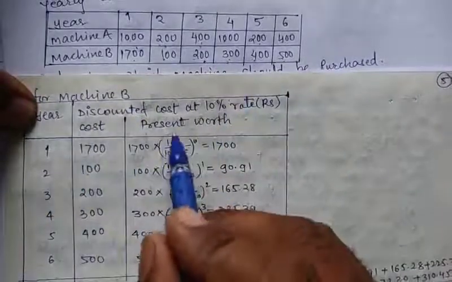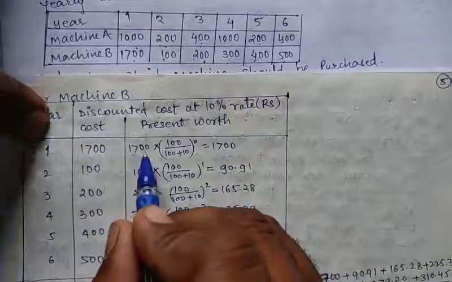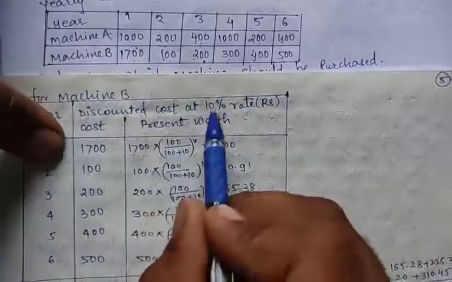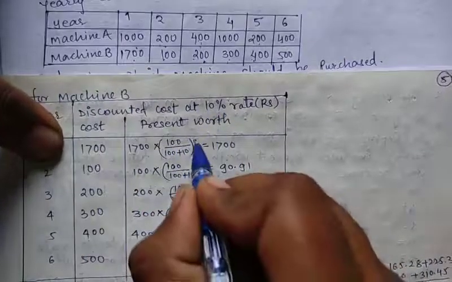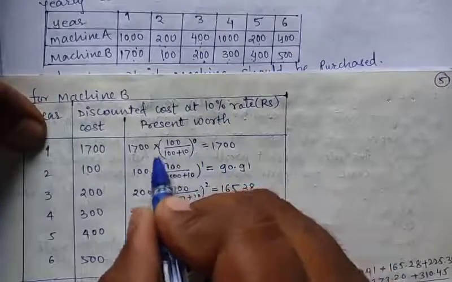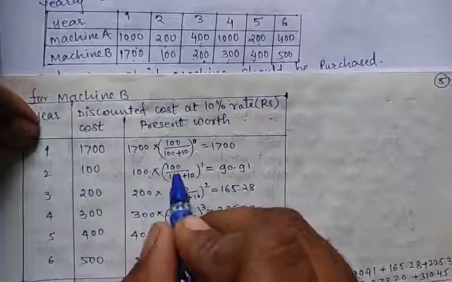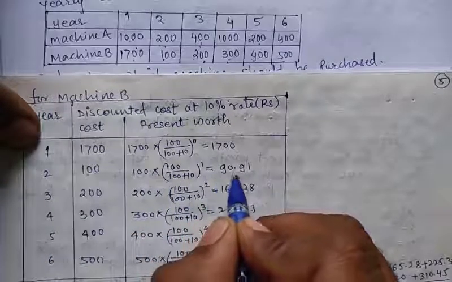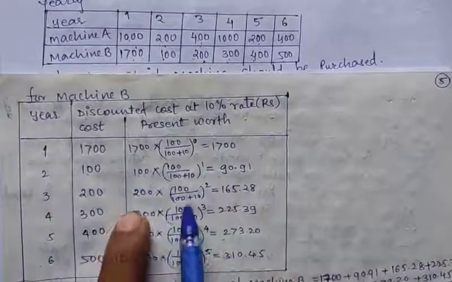Present worth is calculated by multiplying the cost by 100 upon (100 plus 10) raised to the year's power. For the first year, power 0, we get 1700. Next, 100 into 100 upon (100 plus 10) raised to 1 power, we get 90.91.